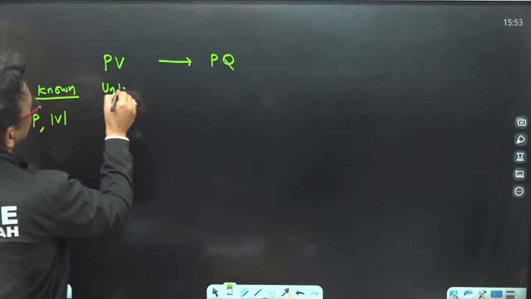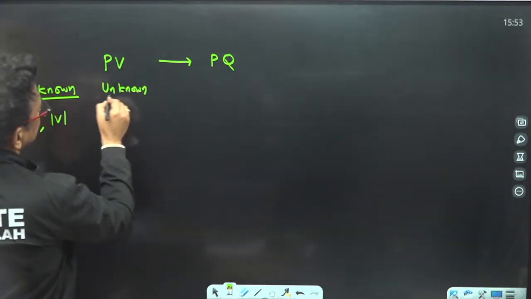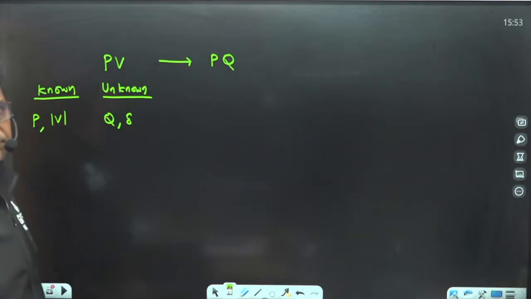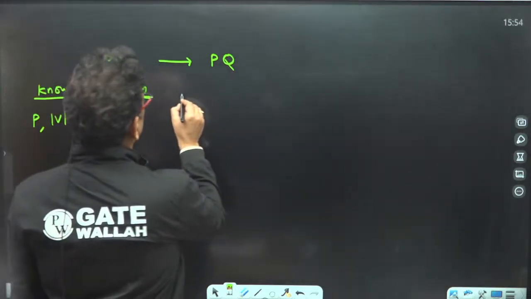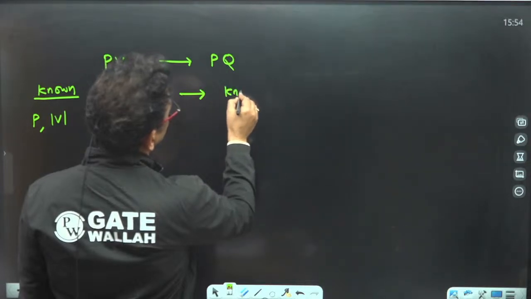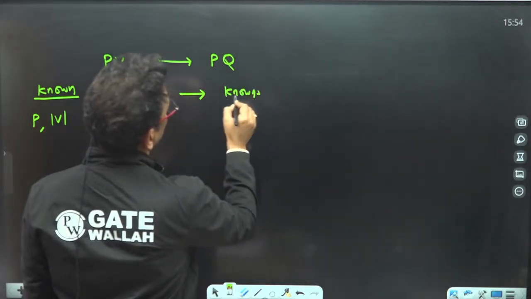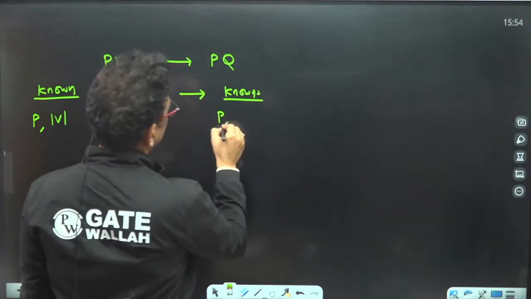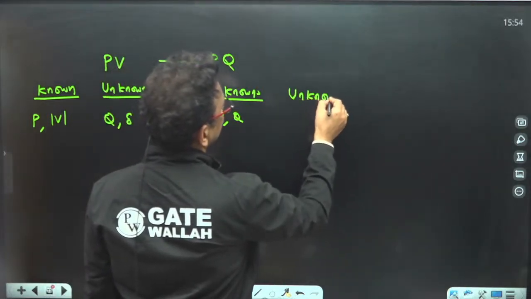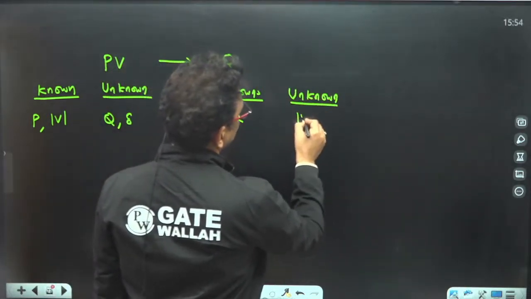The unknown quantities were Q and load angle delta. When we convert this into the PQ bus, the known quantities become P and Q, and the unknown quantities become V and delta.